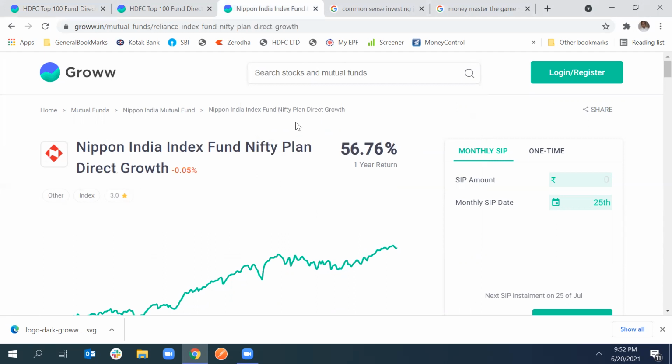Yeah, here. So if you see here, this is Nippon India Index Fund, Nifty Plan, Direct and Growth.